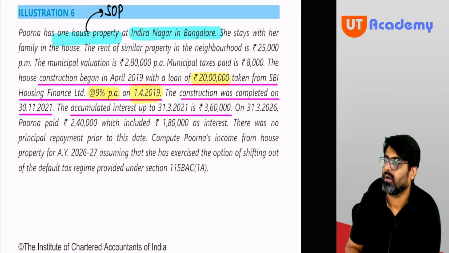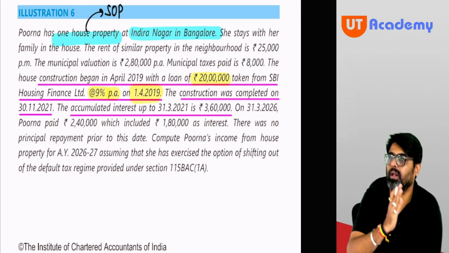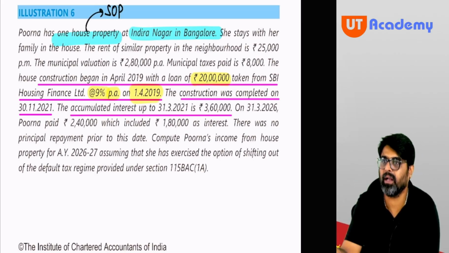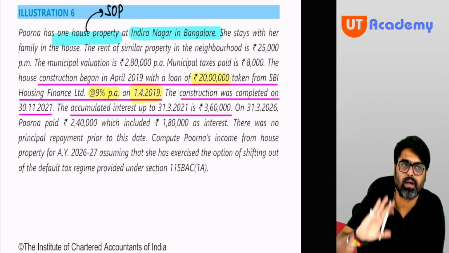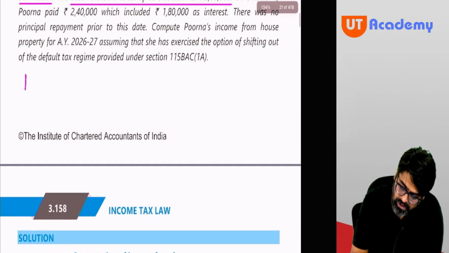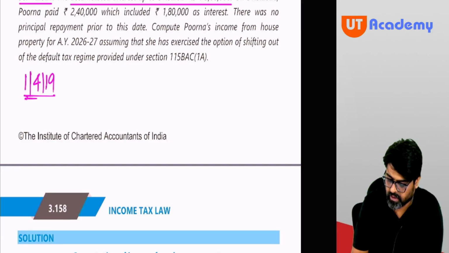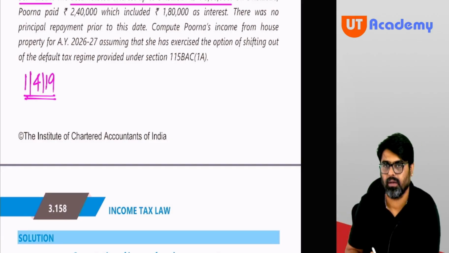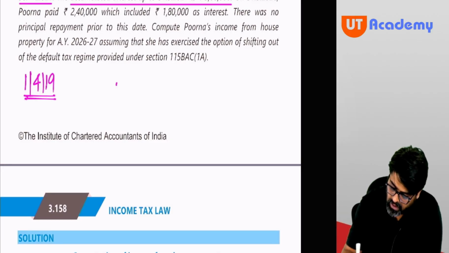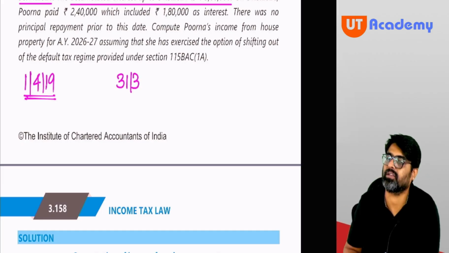From the date of borrowing till 31st March immediately preceding the date of completion of construction. So can I say the date of borrowing was 1st of April 2019. From this date, the pre-construction period will start and it will end on 31st March immediately preceding the date of completion of construction.